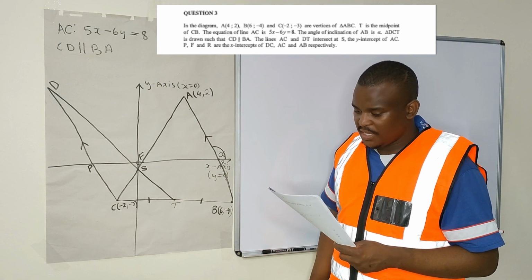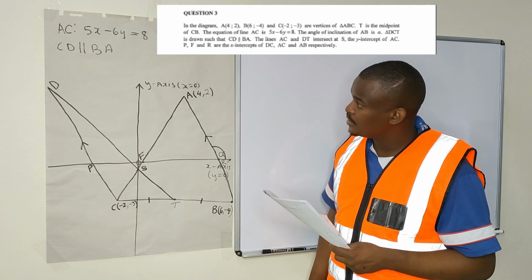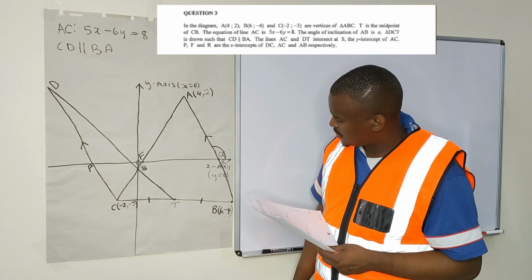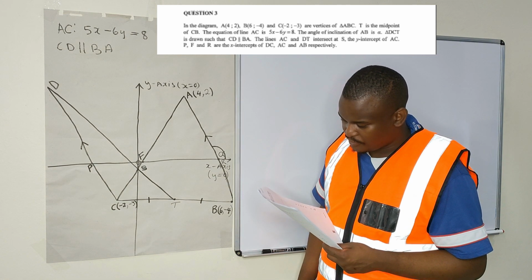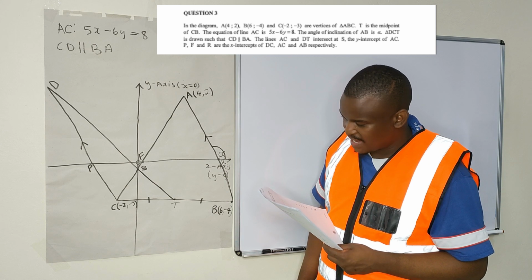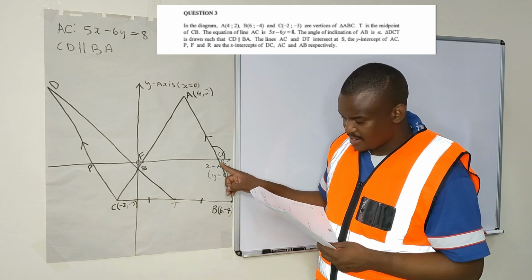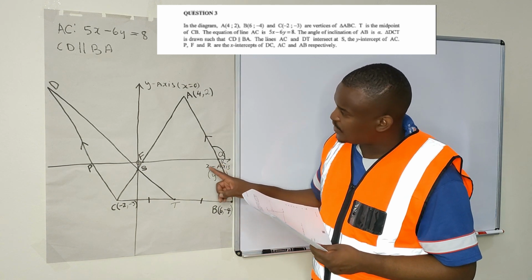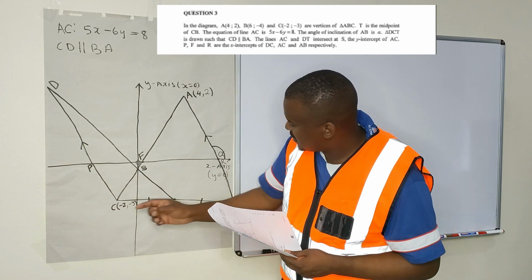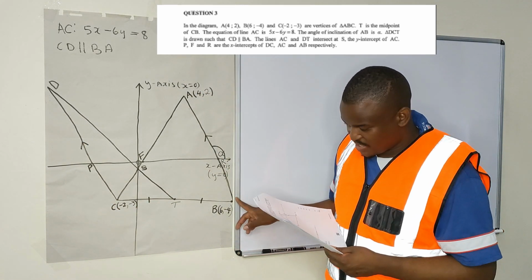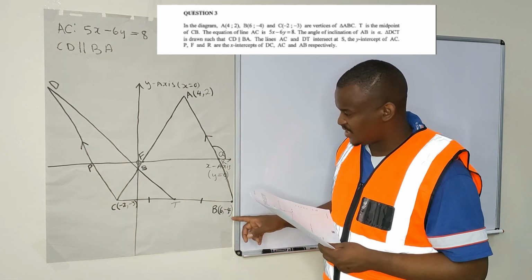P, F, and R are x-intercepts of DC, AC, and AB respectively. So these are the x-intercepts of these lines, as you can see here.